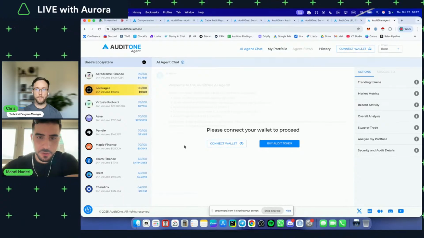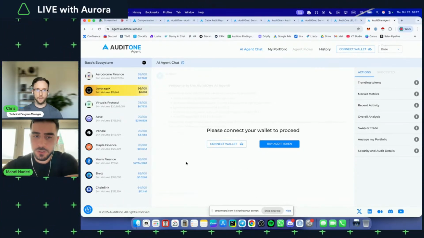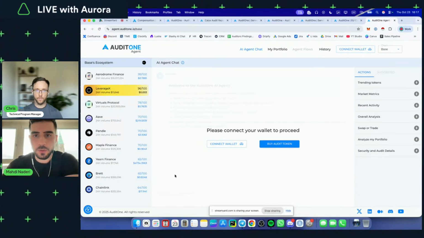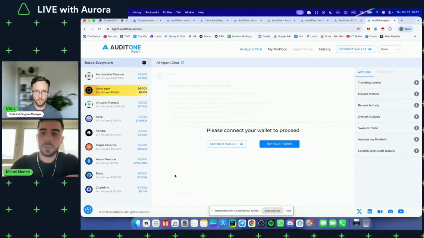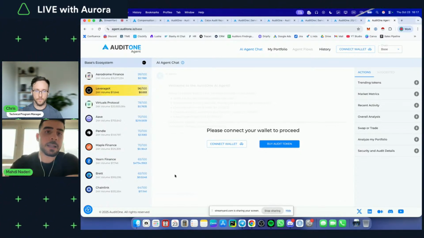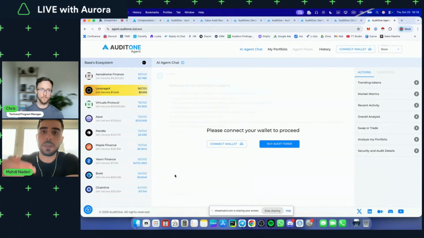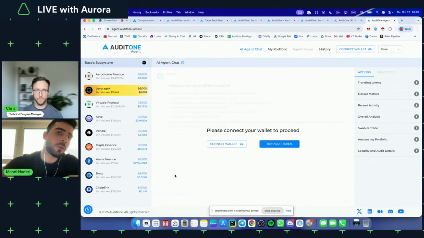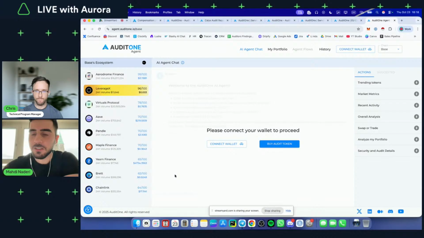But long story short, you can use this chatbot-like agent where you analyze the tokens on different chains, such as Sonic, based on their security score. You can swap your portfolio here, rearrange it, and you can also set it so that if a token falls below a certain security score, it swaps that token for the rest of the tokens in your portfolio, and a whole bunch of different functions.